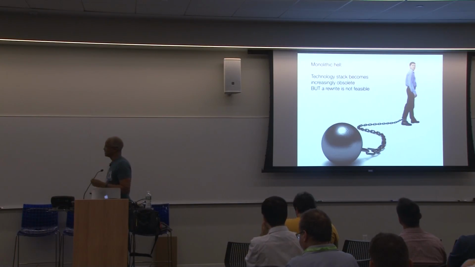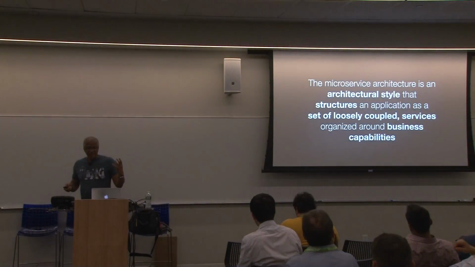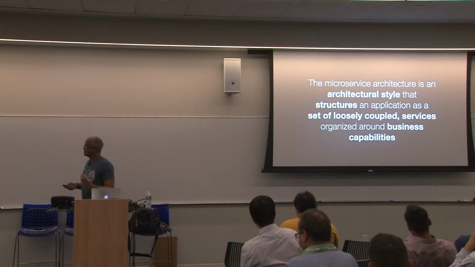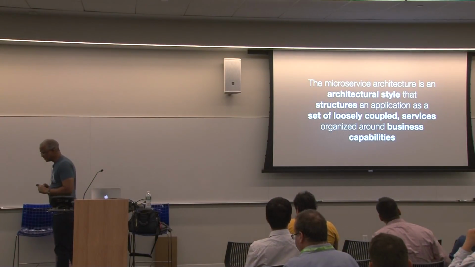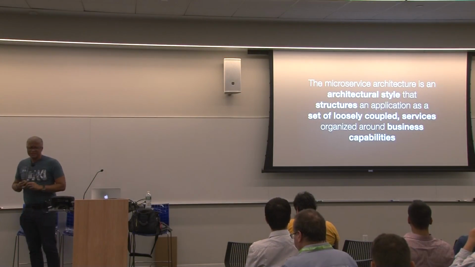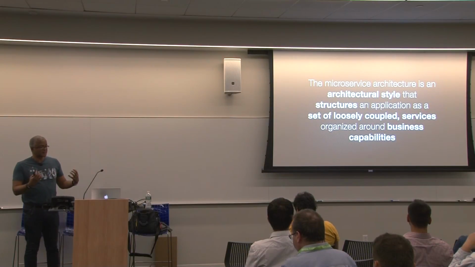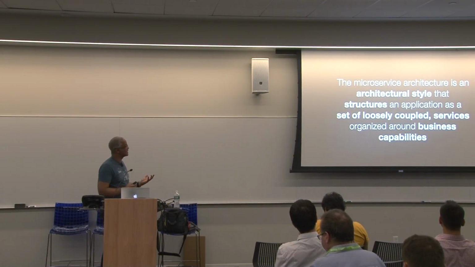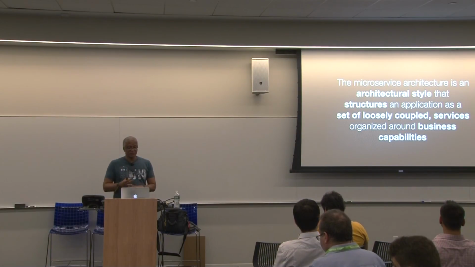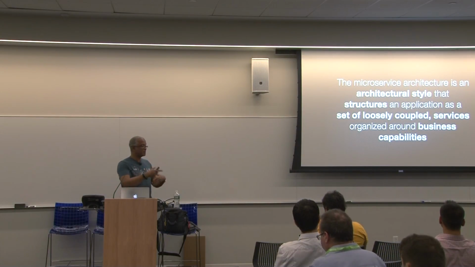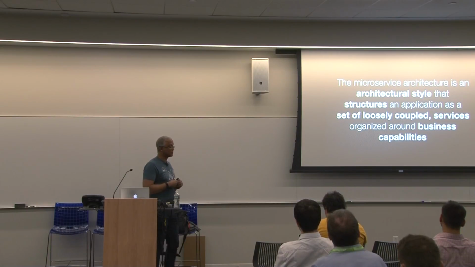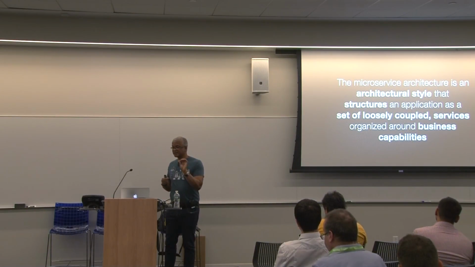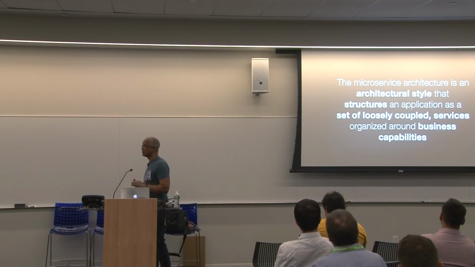So what can you do about it? That's where the microservice architecture comes in. I've got a few words on this slide, but it's an architectural style that structures an application as a set of loosely coupled services. Loose coupling is really important because it enables independent development, testing, and deployment.